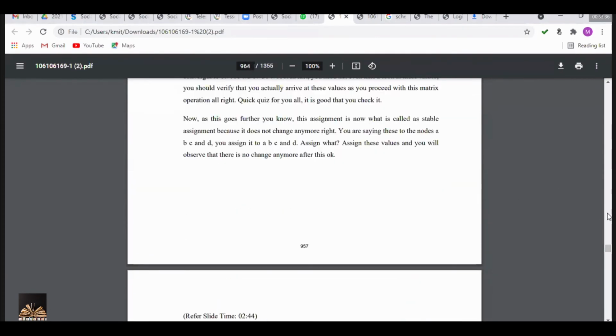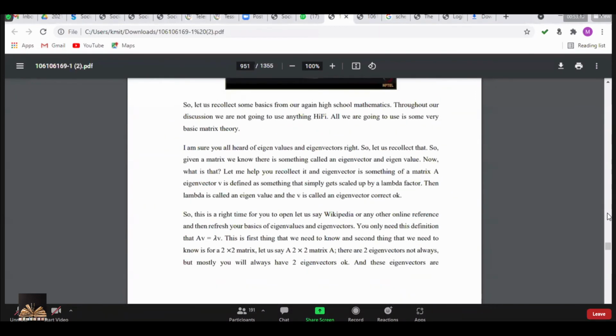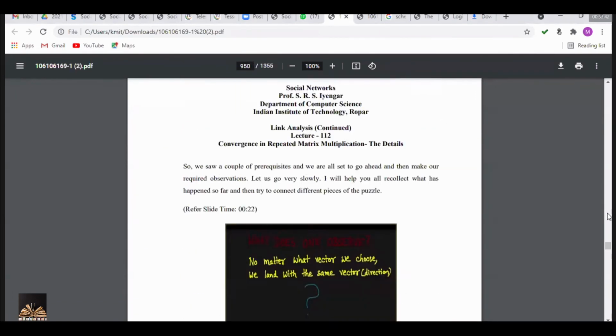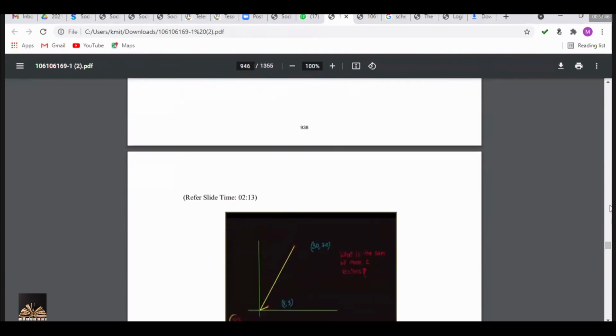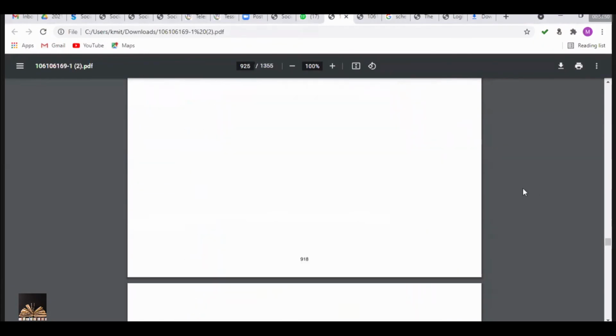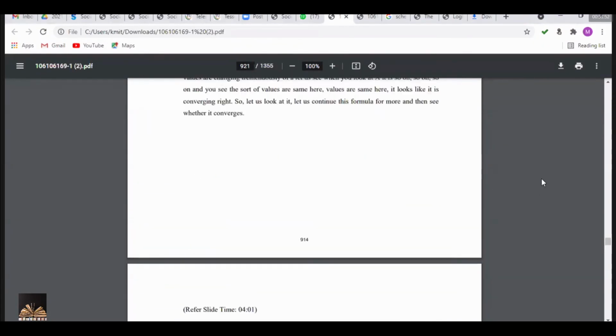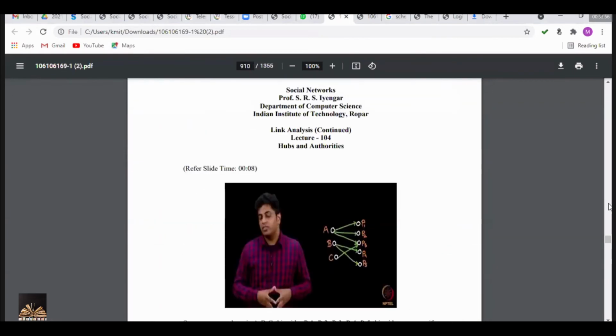Yeah, that's this week only. So here the page rank is also explained. I will take that point also.